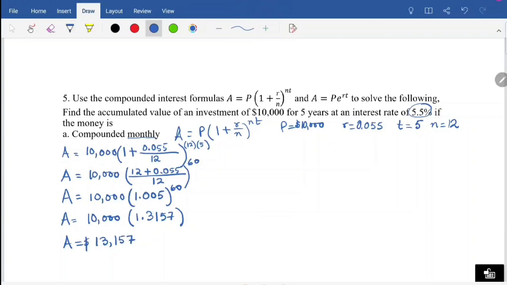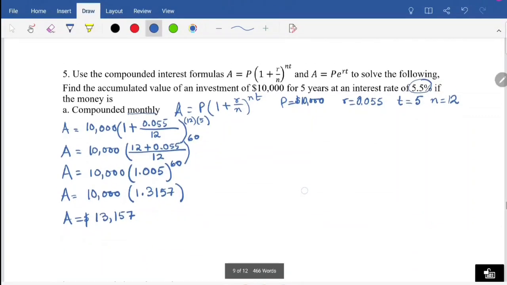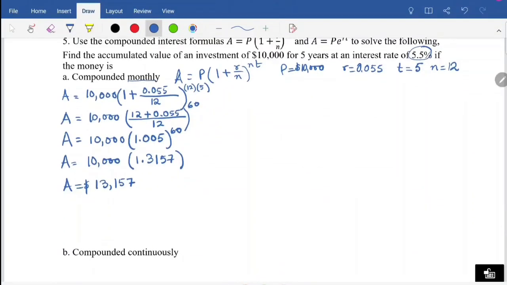All right, so the accumulated value of the investment for $10,000 for 5 years at an interest rate of 5.5%, if compounded monthly, will amount to $13,157, right? So that was the answer for part A, which is a calculation compounded monthly.